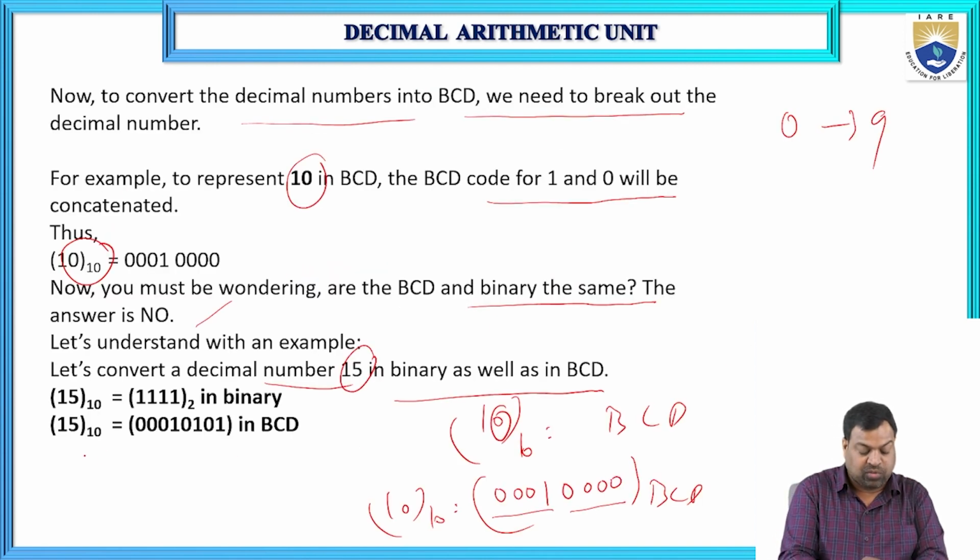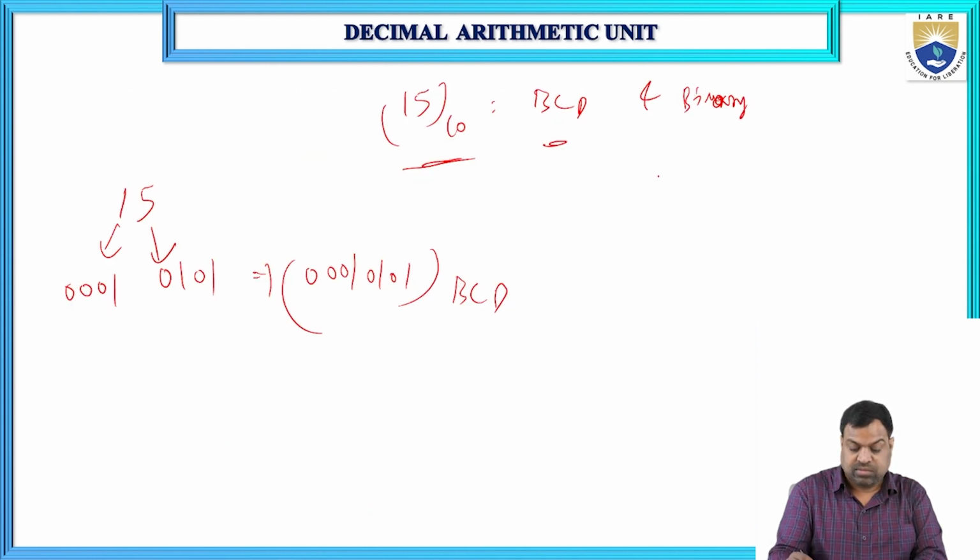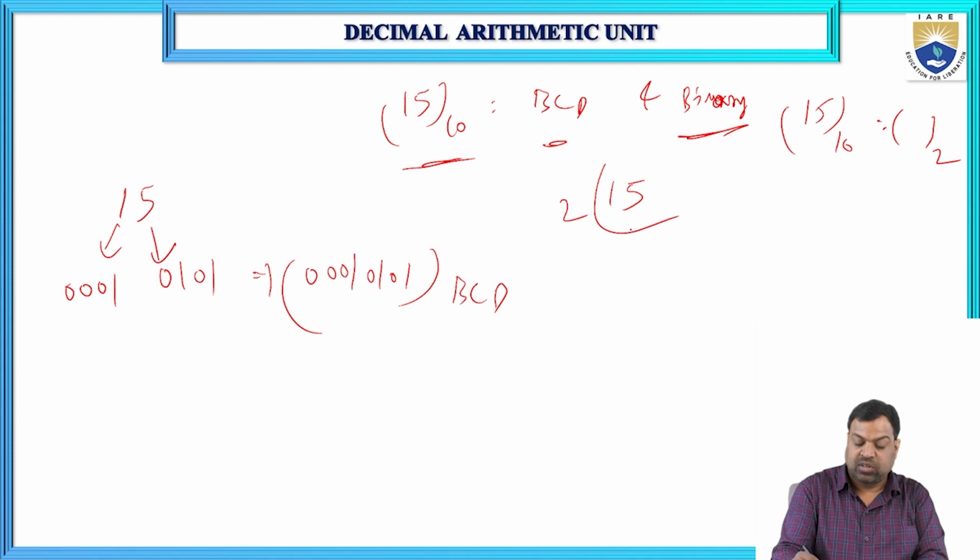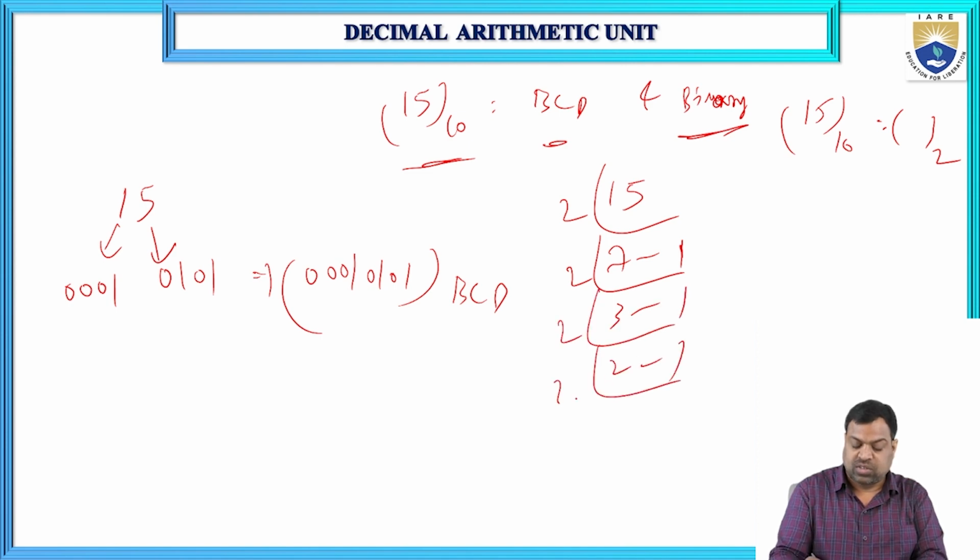But what is the method for binary? Means how are we converting to binary? I am converting 15 base 10 to binary. I am dividing by 2. 2 into 15 is 7, 14, 1 is the remainder. 2 into 7 is 3, remainder 1. 2 into 3 is 1, remainder 1. 2 into 1 is 0, remainder 1.